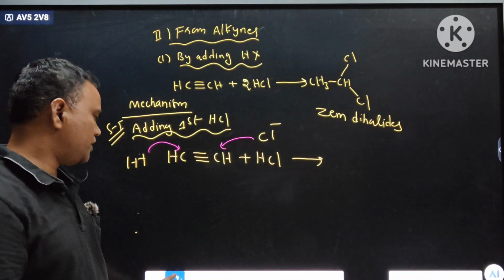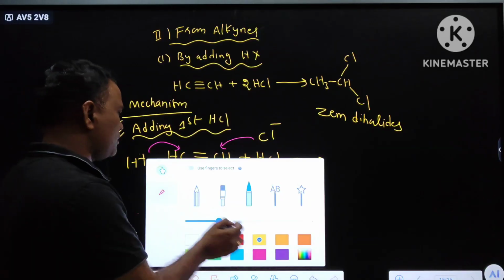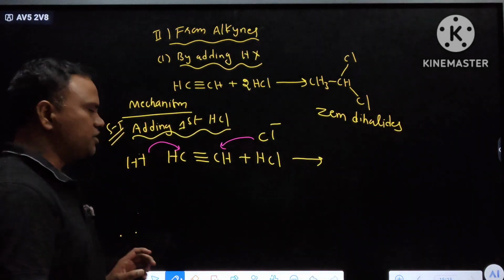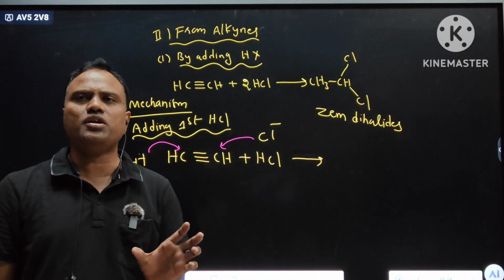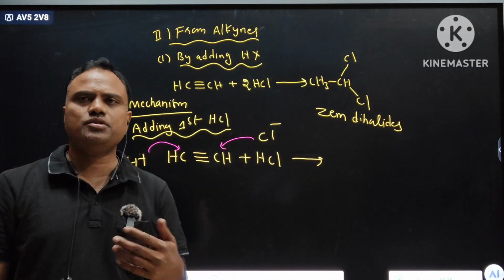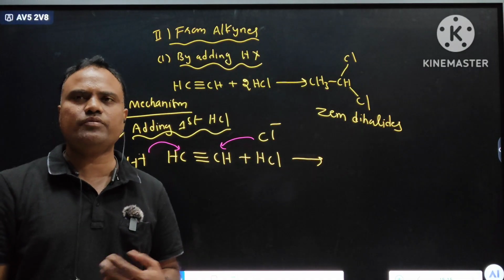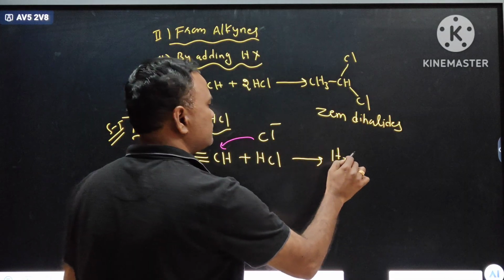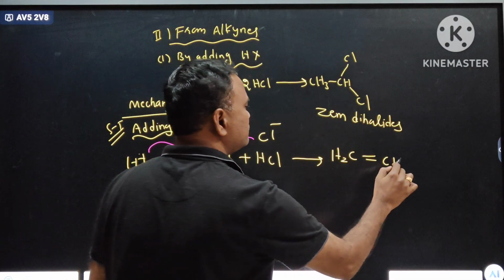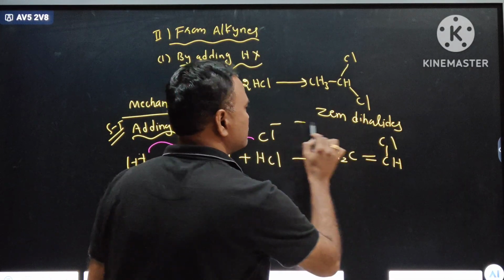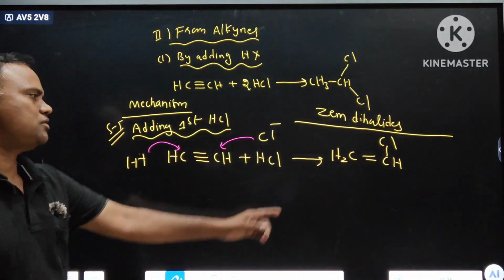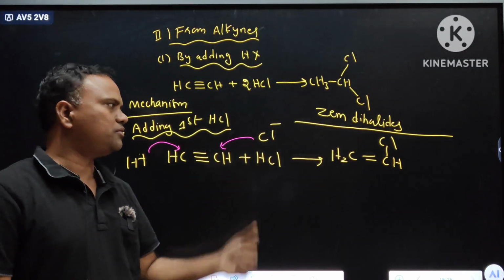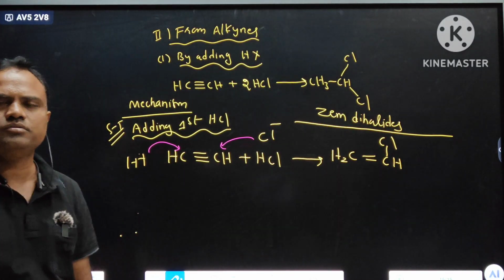During addition, bond multiplicity decreases. Bond multiplicity means if a triple bond is present, that will become a double bond. If a double bond is present, that will become a single bond. Got it? So this carbon is getting Cl.